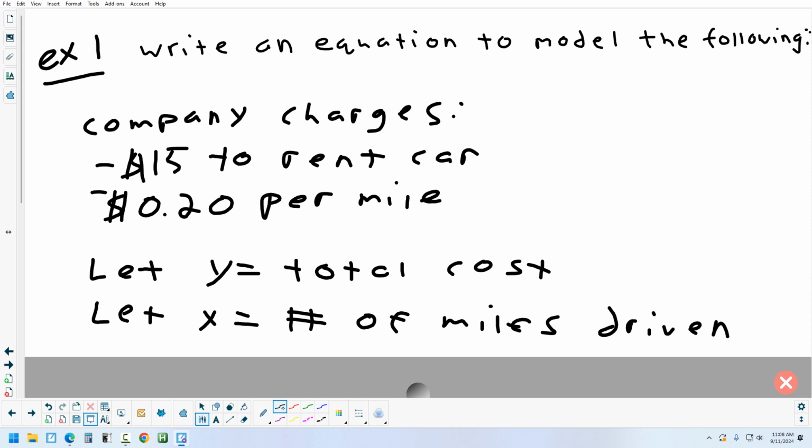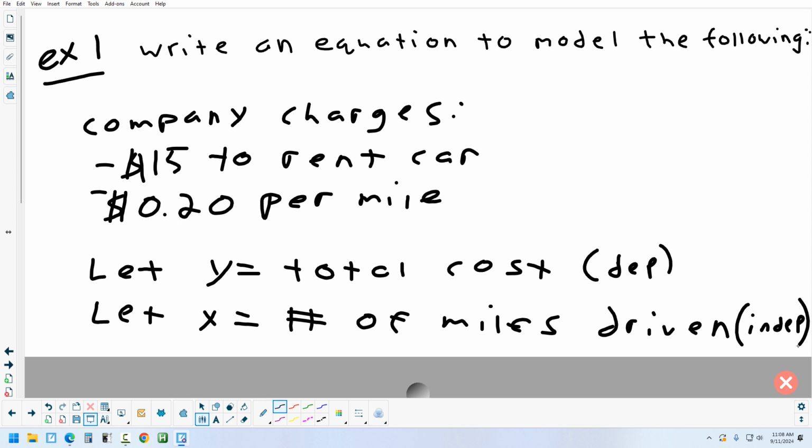Another name for the y variable is the dependent. Based on that, anybody think they remember the other name for the x variable? Yeah? The independent? Independent, yep. And those aren't interchangeable. You cannot really switch those.